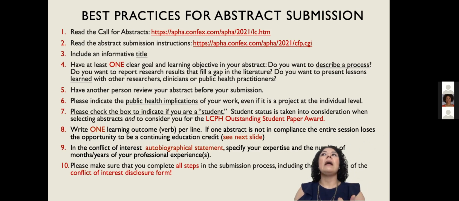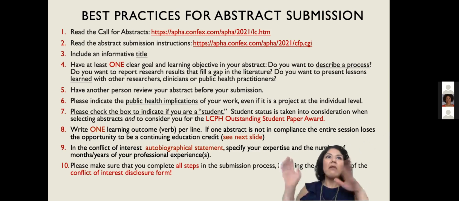When you don't do that, the system, without the organizers knowing, actually pushes your abstract out and then you're not even reviewed. So this is one of the biggest issues we've encountered. So just always make sure you have one learning outcome and that you fill out your conflict of interest form.